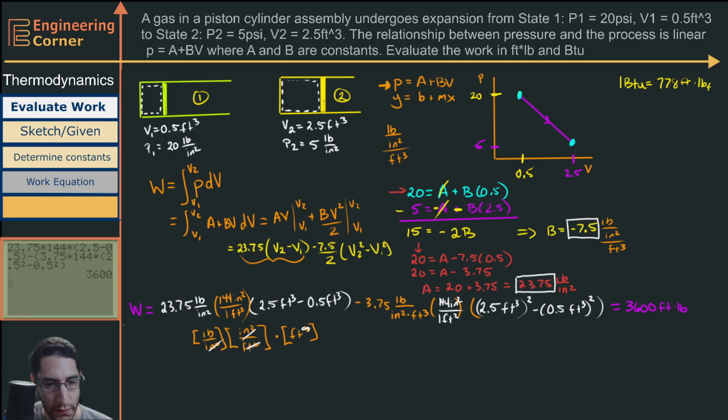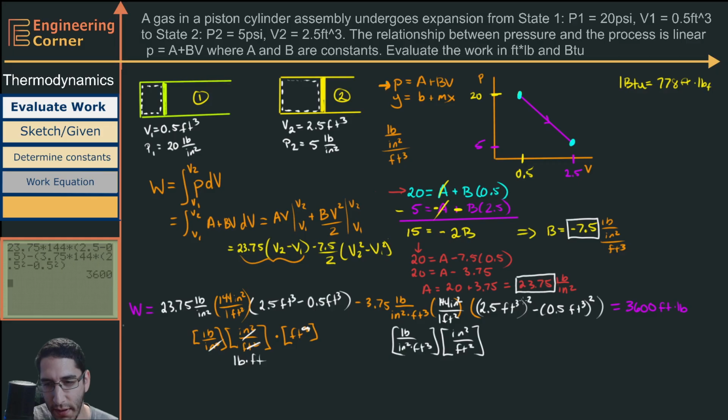The 2 goes away. So on this side, we're equal to a pound-foot. So that side is correct. On this side, we're going to have a pound over square inch times a cubic foot times inches squared over a square foot.